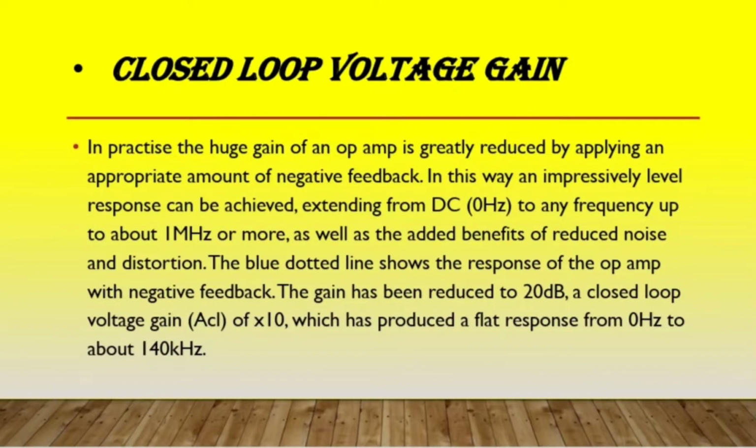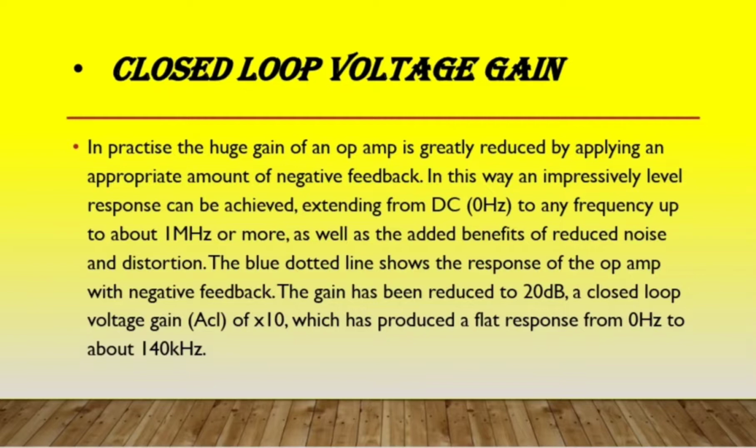Closed-loop voltage gain. In practice, the open loop gain of an operational amplifier is greatly reduced by applying an appropriate amount of negative feedback. In this way, an impressively level response can be achieved, extending from DC (0 Hz) to any frequency up to about 1 MHz or more, as well as the added benefits of reduced noise and distortion.